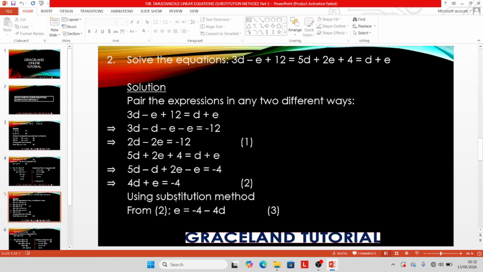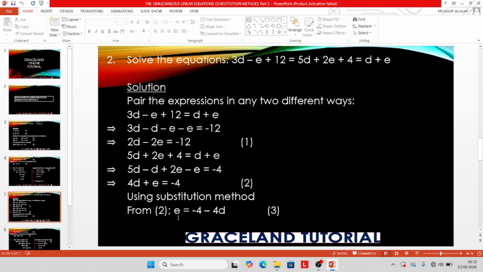Now using substitution method. From equation 2, where we have 4d plus e is equal to minus 4, I want to find the value of e. e will be equal to minus 4. Then 4d will move to the right hand side, and that will turn to minus 4d.